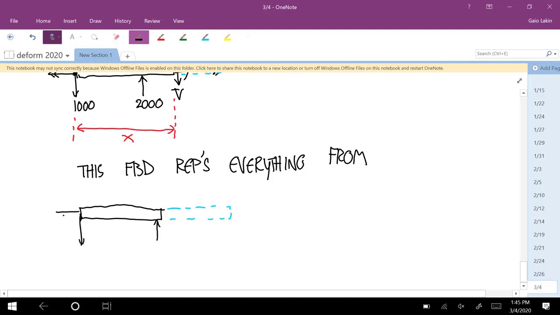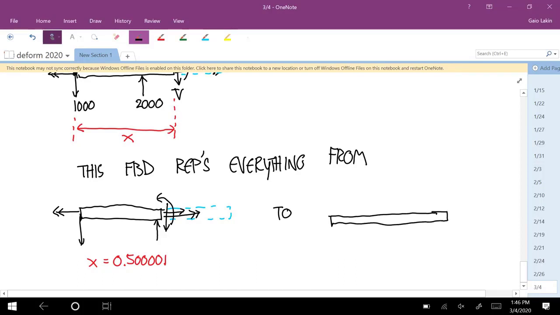We have the force, the torque, and then the internal loads. And for this one, X is equal to 0.50001, something like that. One that covers almost the whole length, where we're only excluding just a tiny little sliver. But it's the tiny little sliver that has these external loads on it.